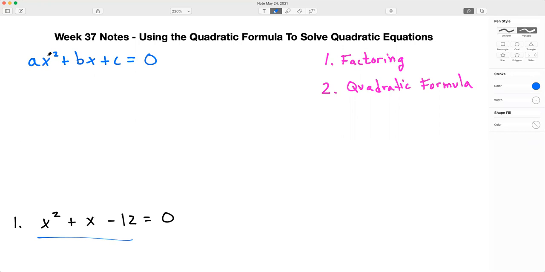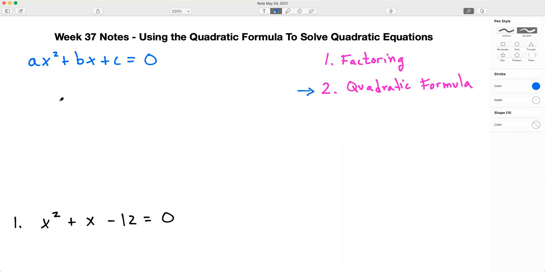This is also in this format, okay? It's just, I might ask you, what is A, what is B, and what is C when you look at this, okay? Something like that. So we're going to have to identify what the A, the B, and the C are again. Now, you remember the star method, that's what we had to do. We're going to have to do the same thing for the quadratic formula.